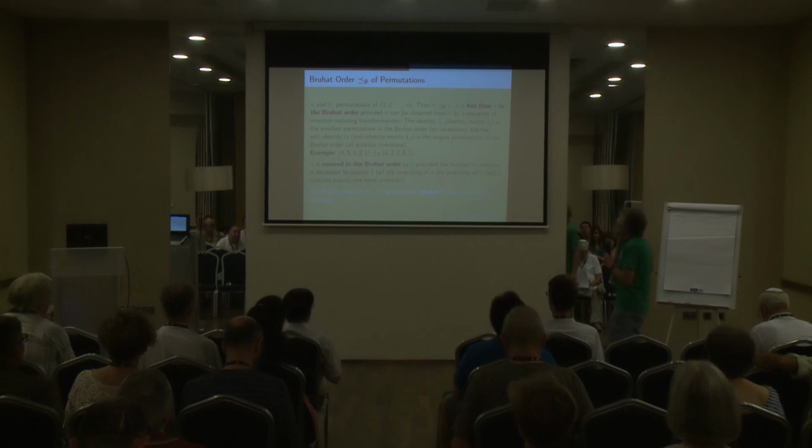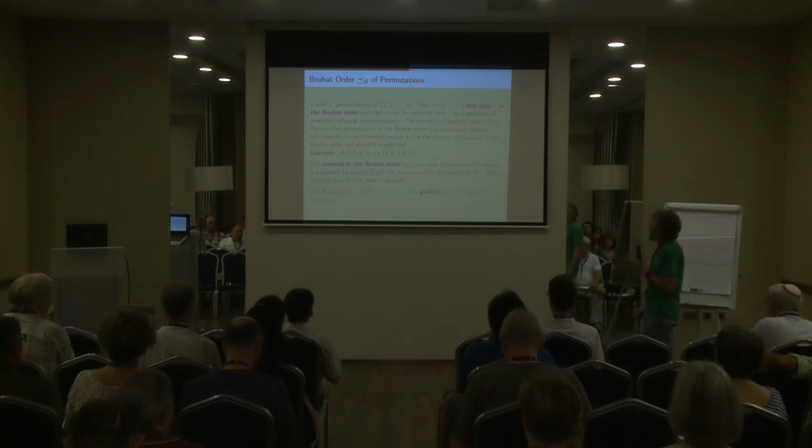So in fact, sigma will be covered in the Bruhat order by tau, provided the number of inversions, okay, is decreased by exactly 1, which simply means all the inversions of sigma are inversions of tau, and tau has exactly 1 more inversion, okay?